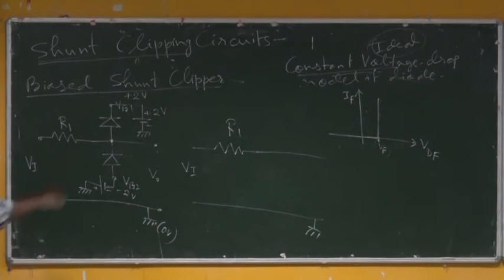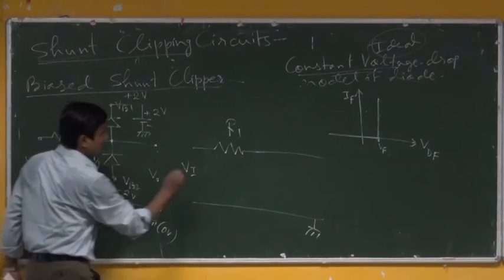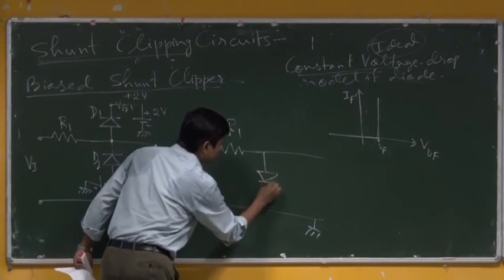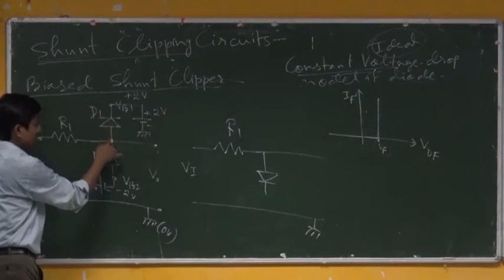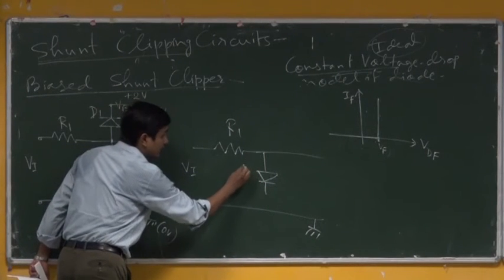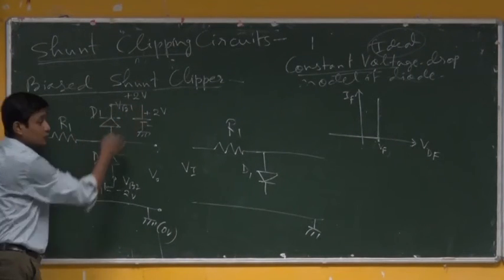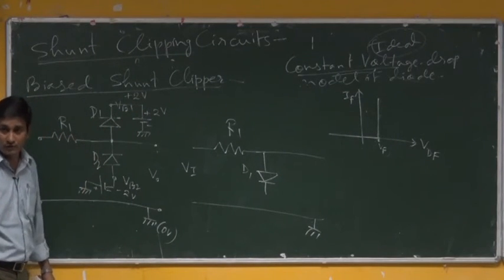Say I will take this part first. That diode D1 I will consider in this fashion, where this P side is connected to this point. Here I have again put the P side of this diode to that point, and the negative side has gone to the positive potential of 2 volt.